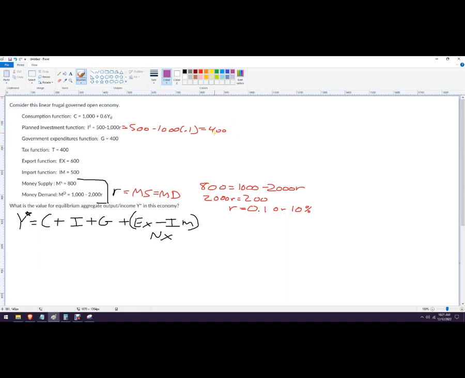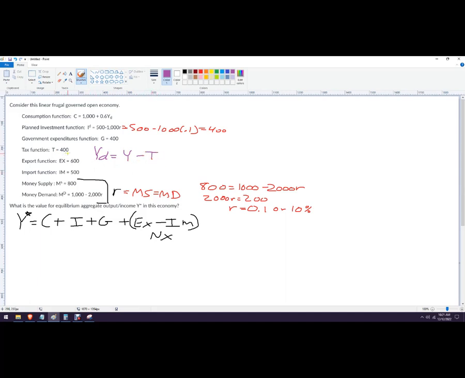So then, what else do we need to know? We're pretty good here. What we need to know is disposable income. That's what the D stands for. YD is Y, the income level in the whole economy, minus taxation.